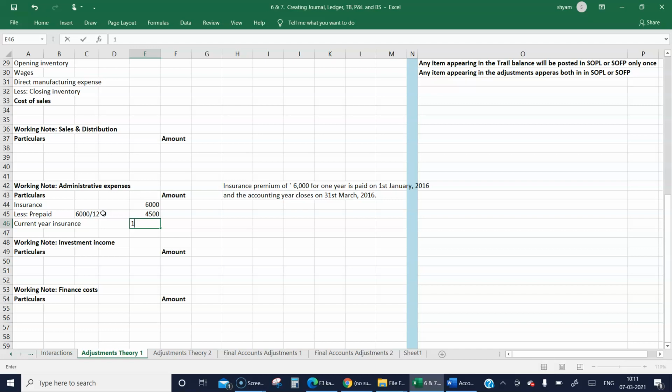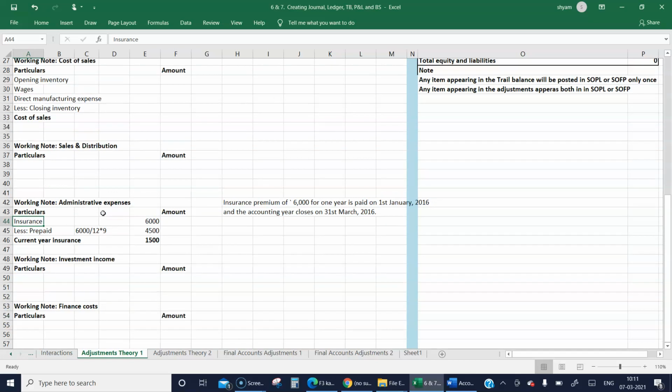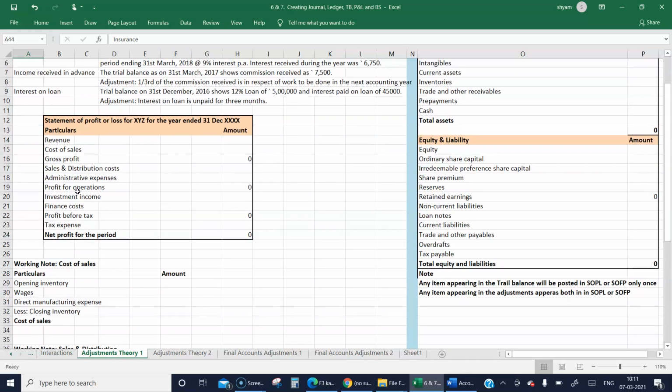But as you have paid this year, your cash has gone out. So the total insurance paid you should show as 6,000. We'll just show it so you can get an idea.